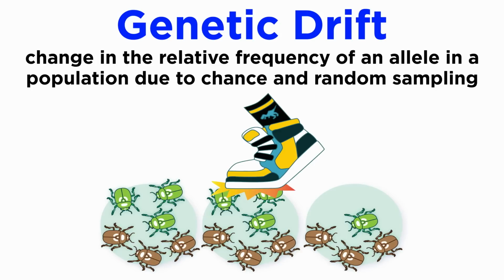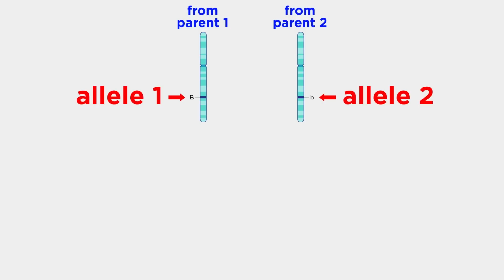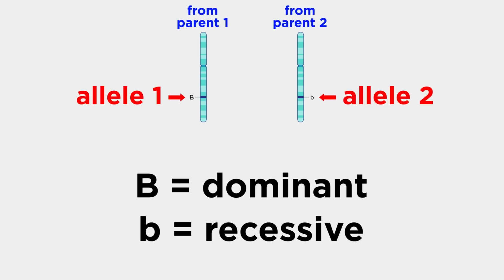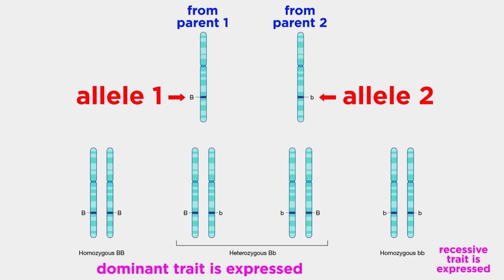Genetic drift describes a change in the relative frequency of an allele in a population due to chance and random sampling. An allele is a copy of a gene. Most animals have two copies of every gene, one from each parent, and each copy is called an allele. Alleles can be dominant or recessive, and this genotype can dictate the phenotype, or the version of a particular trait that is expressed on the organism.